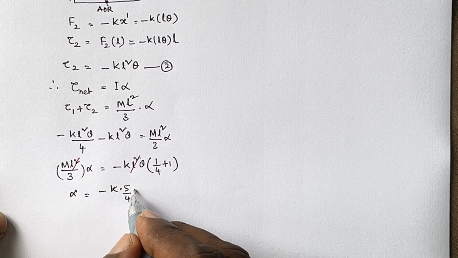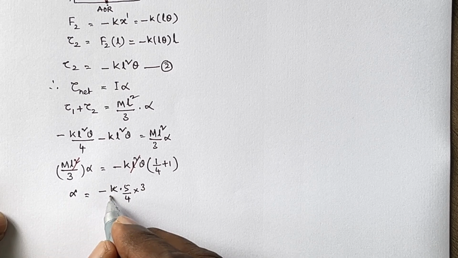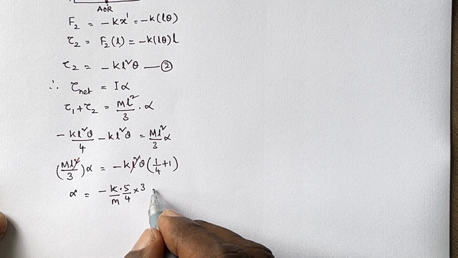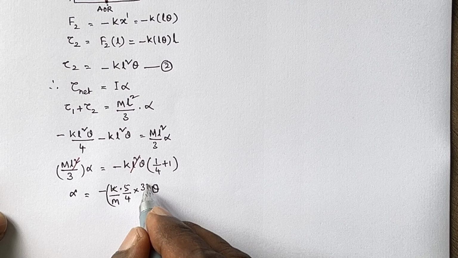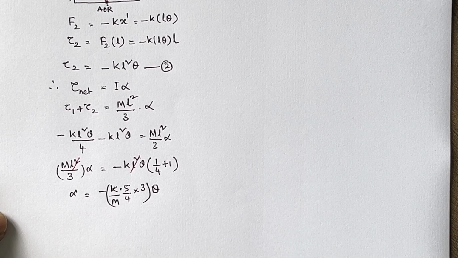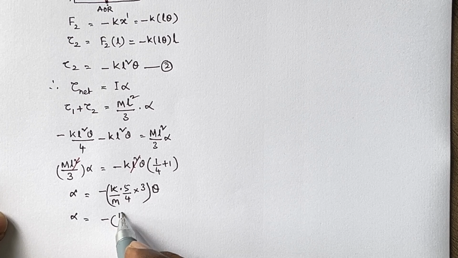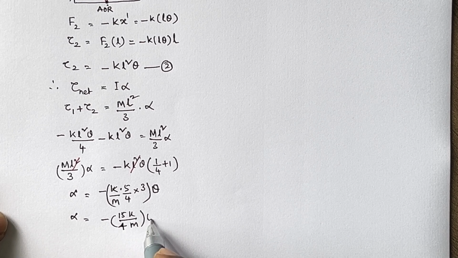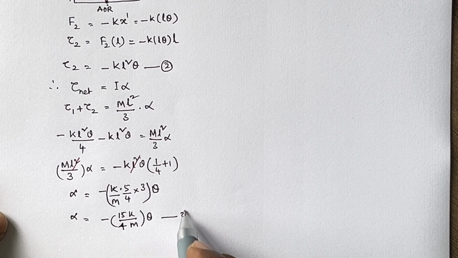This 3 comes here and m goes there, and this is theta. So alpha is equal to minus 5 threes are 15k by 4m into theta. This is equation 3.